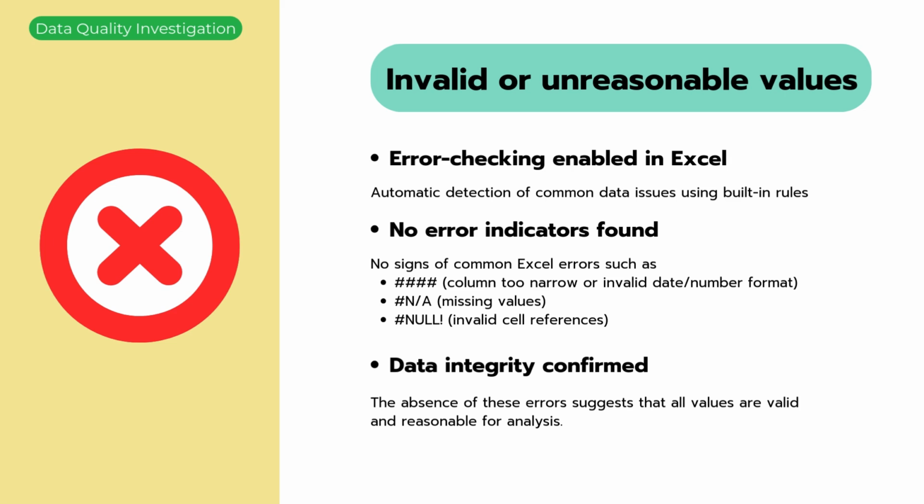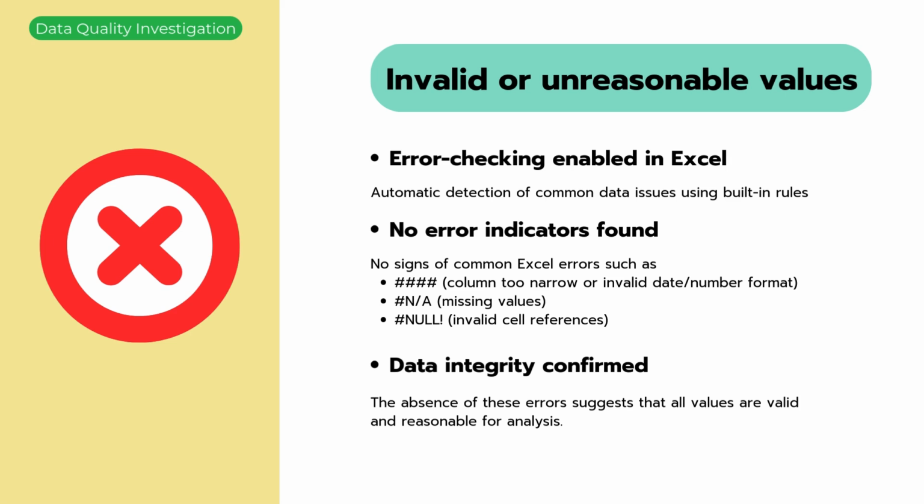For invalid or unreasonable values, the results show that we don't have any invalid or unreasonable values. To ensure data validity, we can use Excel's built-in error checking features, which automatically detect common data issues using preset rules.